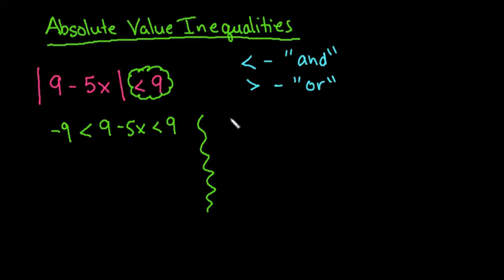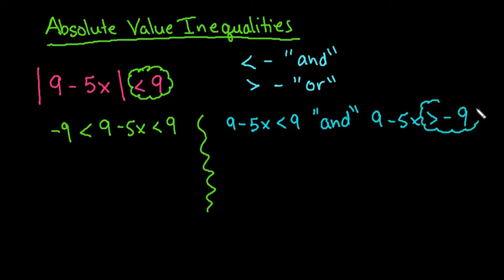You can also write it as it is, the 9 minus 5x less than 9, and 9 minus 5x is greater than -9. So when you do this part here, you remember that you have to change the inequality sign when you change it to the negative. This is the same exact thing. So it's really just a preference of which one you like better.